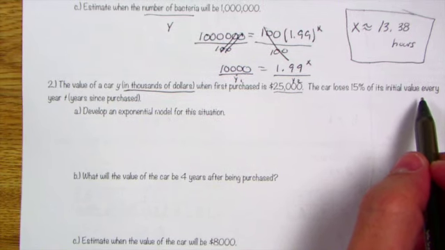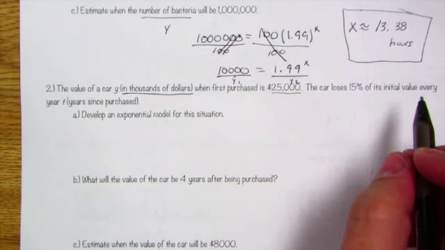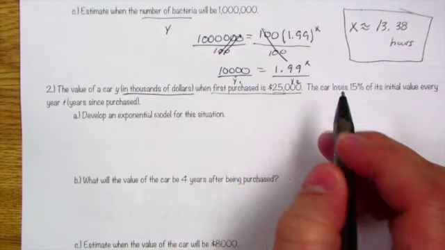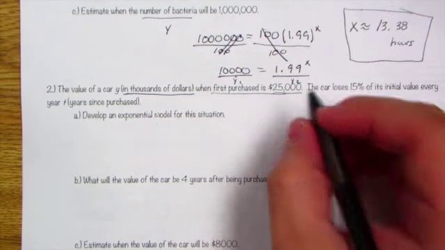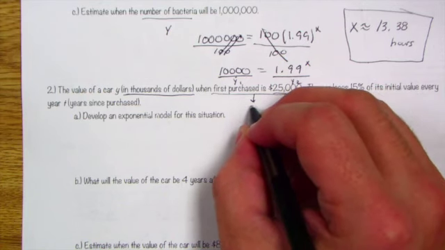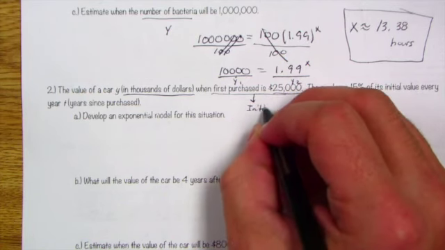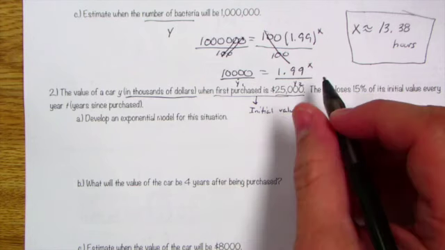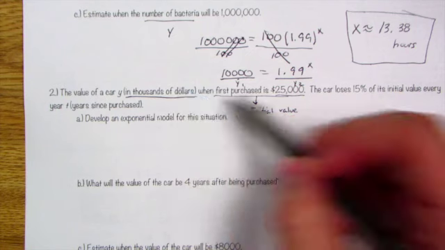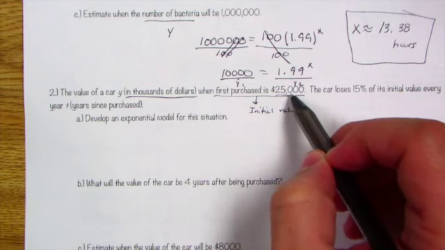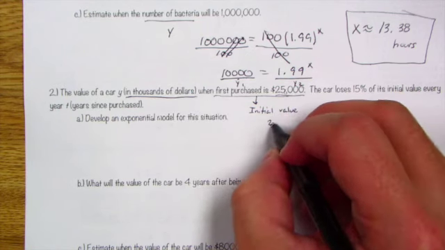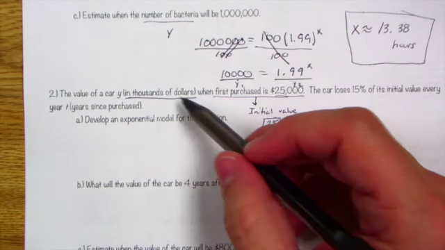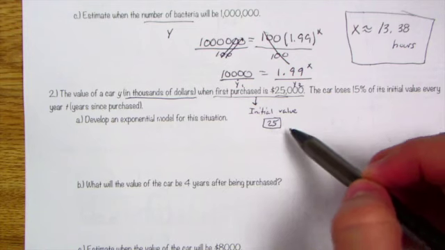So we're going to develop an exponential model for this. Couple things to keep in mind. First purchased, 25,000. So again, this will serve as our initial value. But one thing we need to keep in mind is that the value of the car is in thousands, so we actually only need 25, because it assumes that the answer is going to be in thousands of dollars.